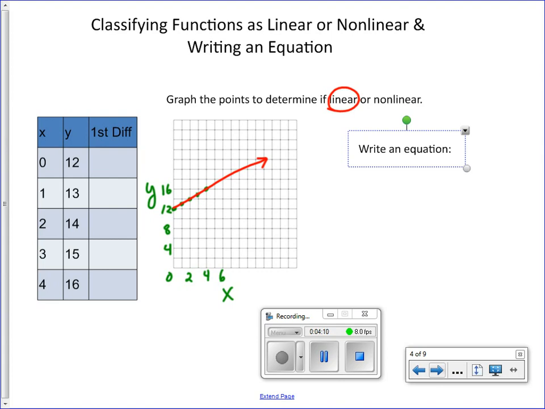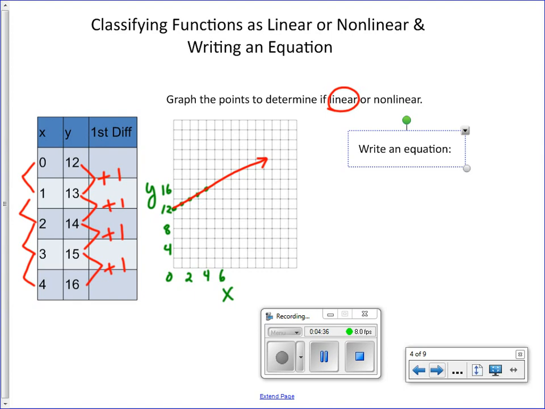Let's look at the first difference between our y values. To get from 12 to 13, we would have to add 1. To get from 13 to 14, we're adding 1. To get from 14 to 15, we're adding 1. And to get from 15 to 16, we're adding 1. Notice that our x is always increasing by 1.